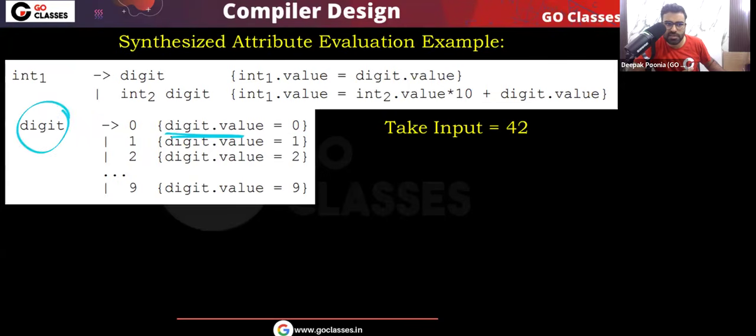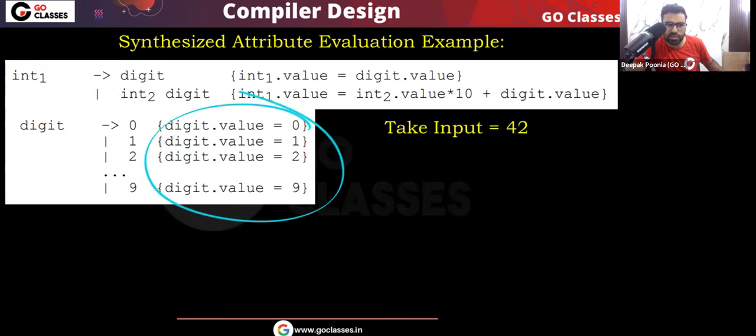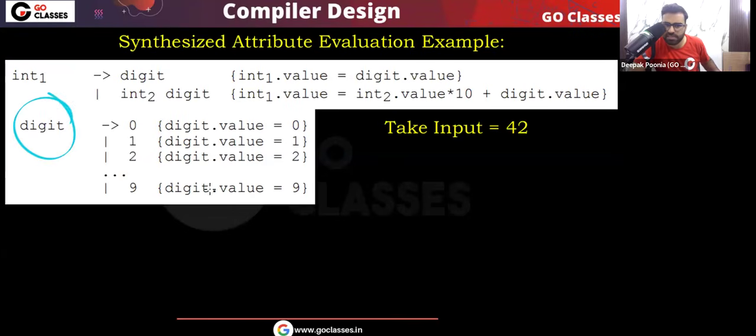So tell me, is this value attribute a synthesized or inherited attribute of digit? Tell me, is this a synthesized attribute of digit, yes or no? You can check all the productions of digit, and in the semantic rules for these productions, we are computing the value attribute of LHS.